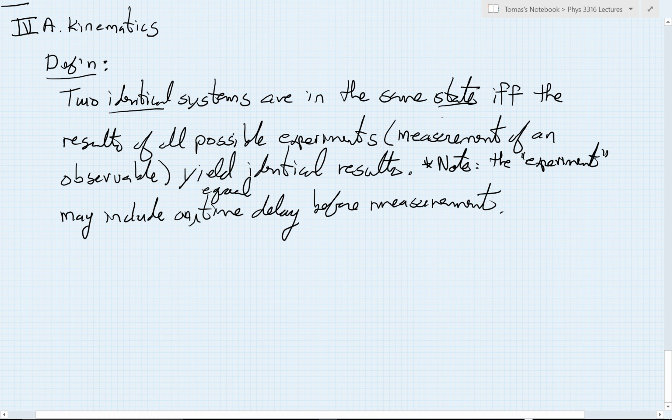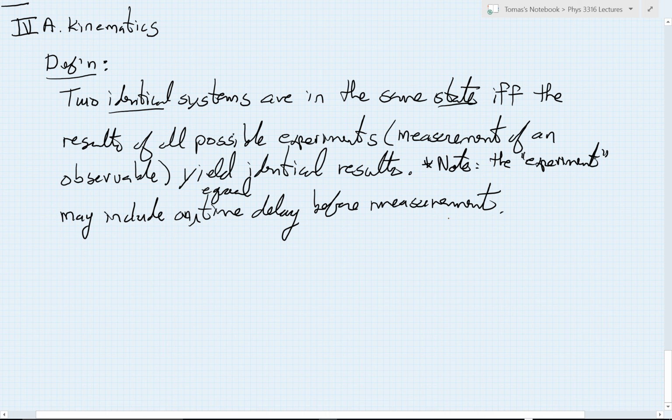If they come out differently, I have to say they must not have been in the same state. Otherwise, if I believe my experiments can be different for two systems that are in the same state, there's nothing that's repeatable. The predictability part comes in from the idea of this time delay, right?